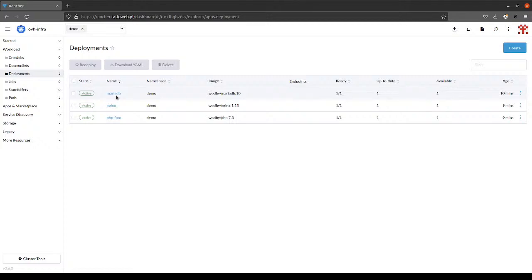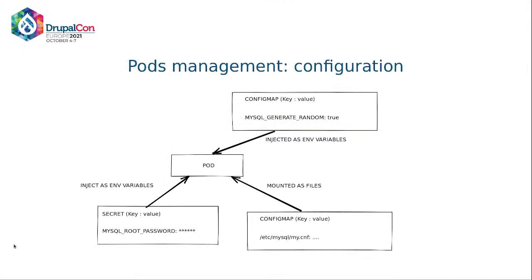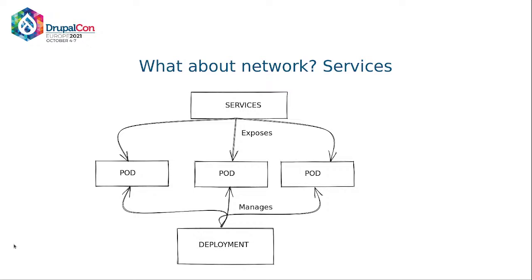And the way to do so is things called services. Services allow us to expose a pod or a list of pods based on things called labels, and make sure that one pod is able to communicate with another one.